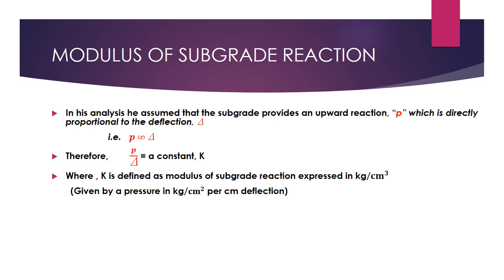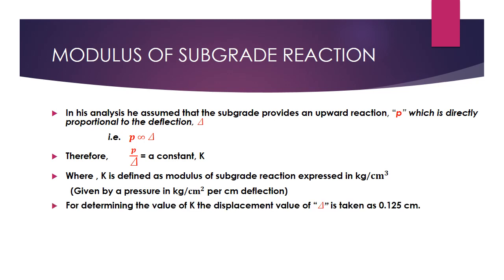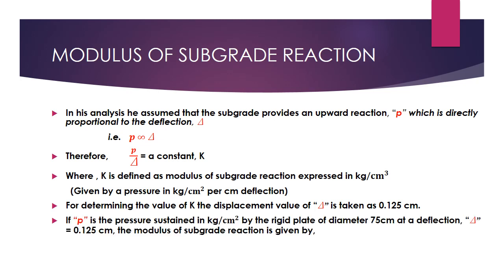Now the unit of p should be in kilogram per centimeter square. For determining the value of K, the displacement value of delta is taken as 0.125 centimeter. Here we will conduct a plate load test in which the deflection amount or displacement value is taken as 0.125.